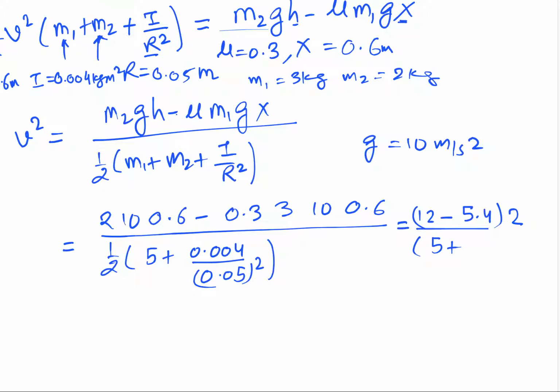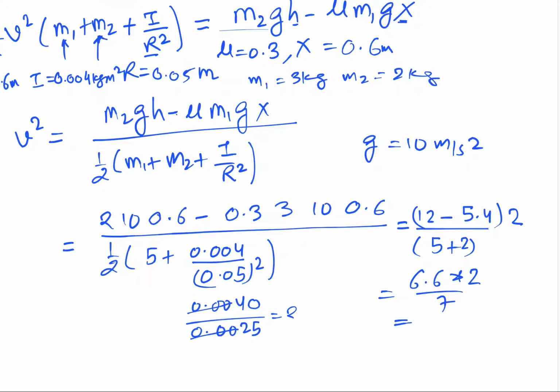So that gives me 5 plus, this is basically 0.004 divided by 0.0025, so there have to be 2 zeros. That's almost 2, that's 7, so that gives me 5.4, 6.6 times 2 by 7, that is less than 1, right?